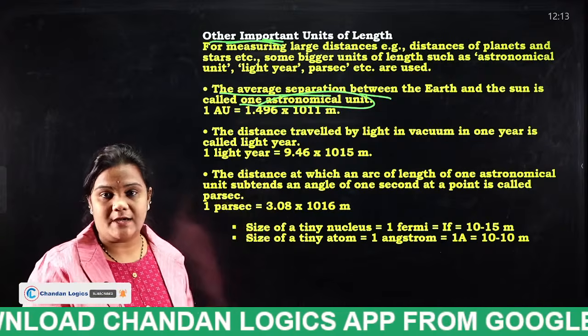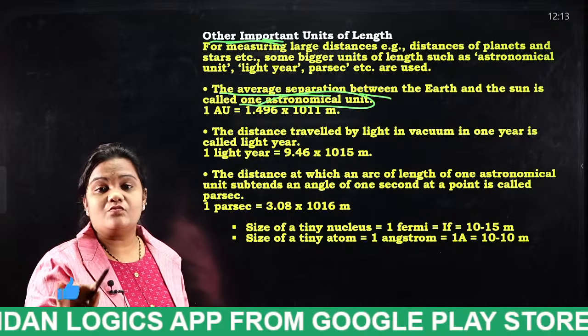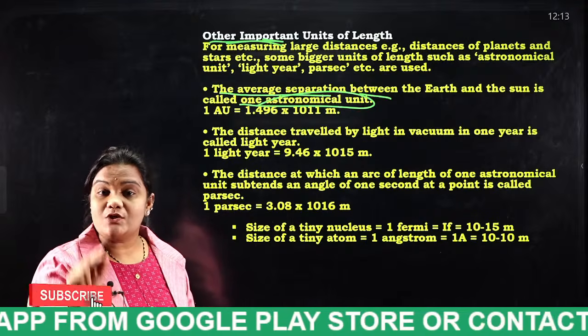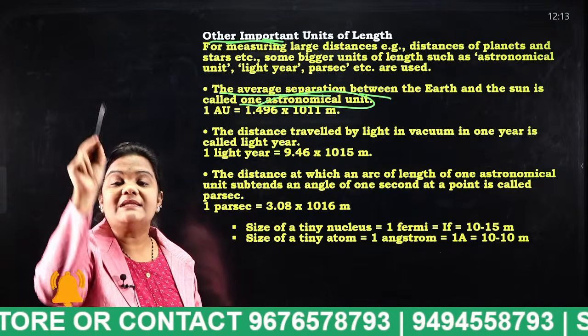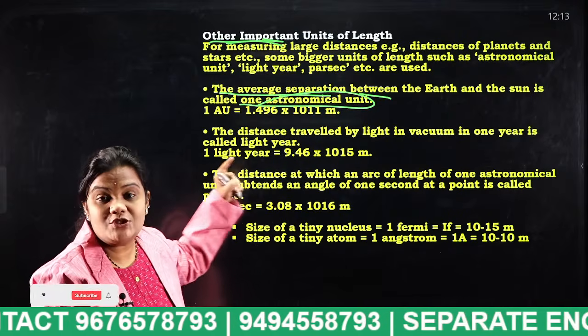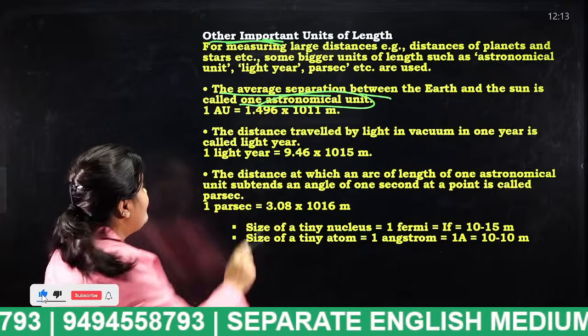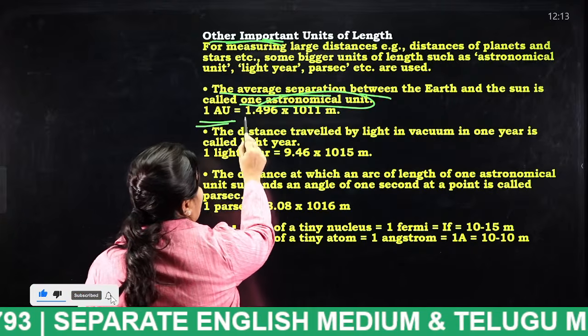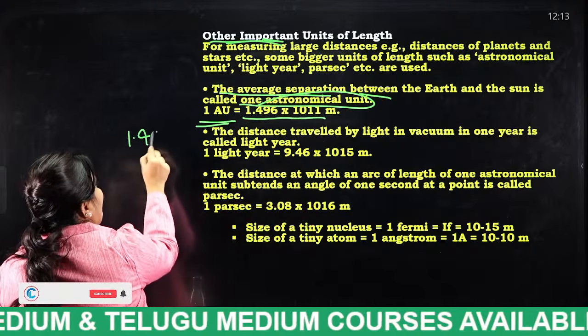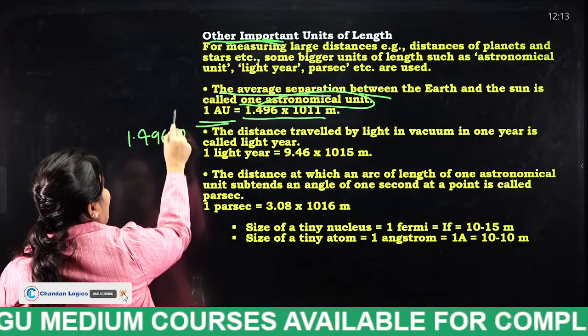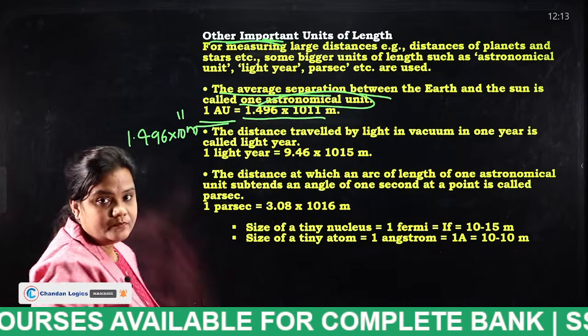Very, very important. 1 astronomical unit is equal to 1.496 into 10 power 11 meters.